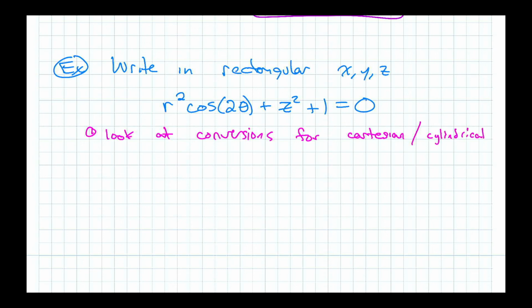Okay, when I do that, I know how to convert r squared. R squared is easy. It's x squared plus y squared. So I know how to do this, right? Z squared doesn't have to be converted at all. Z is just z. That's easy.